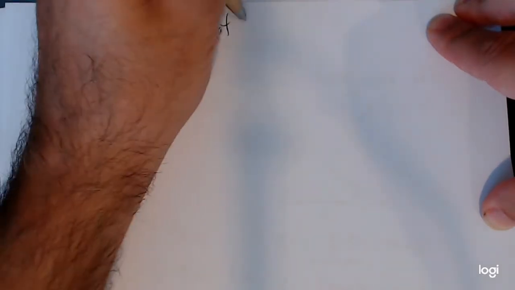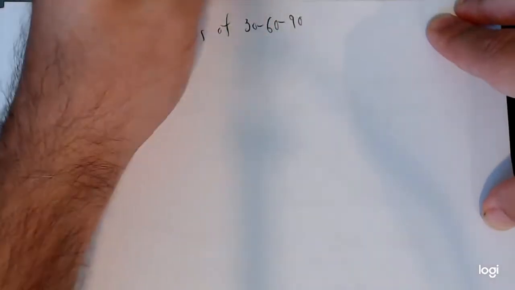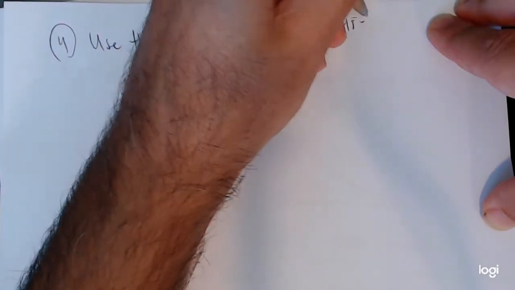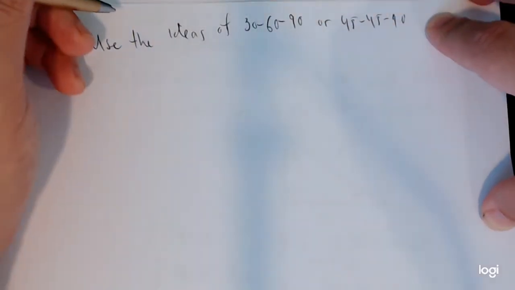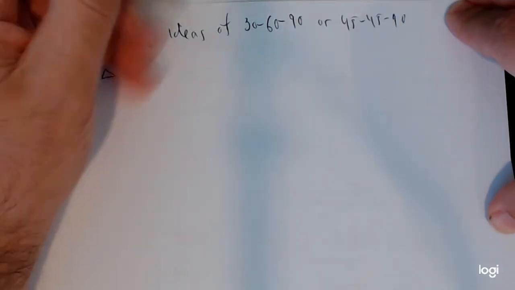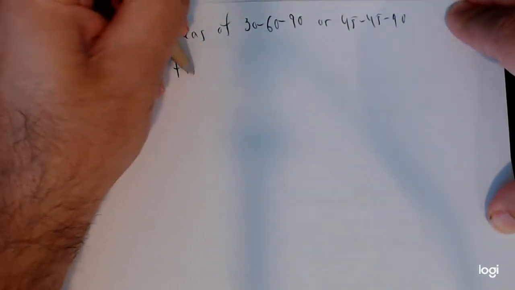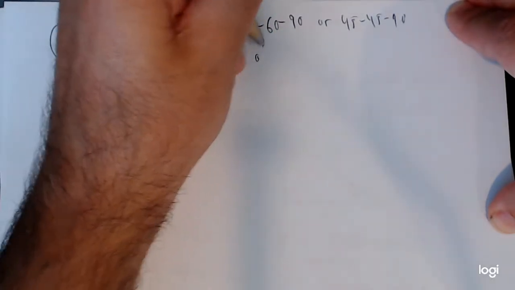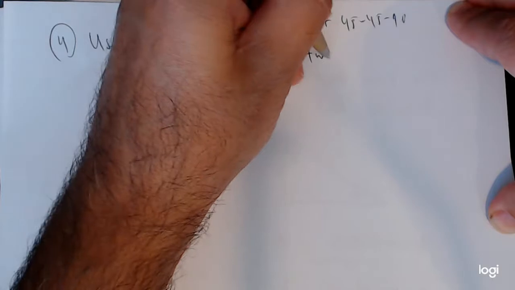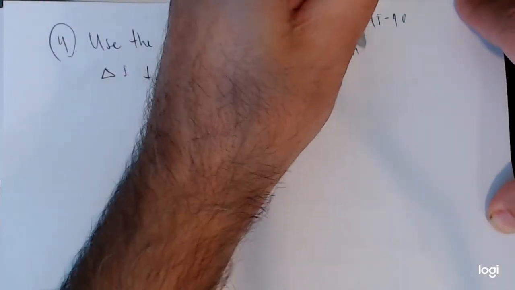So then step 4, once you create your triangle, you're going to notice that you're going to have those nice triangles. So it's either going to be a 30, 60, 90 or a 45, 45, 90. So we're going to use the ideas of 30, 60, 90 or 45, 45, 90 triangles to find the other 2 missing sides.